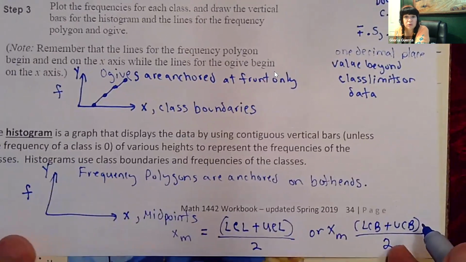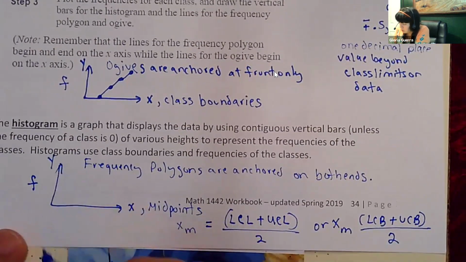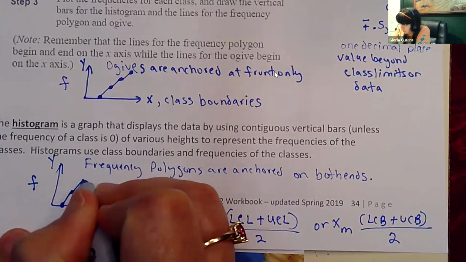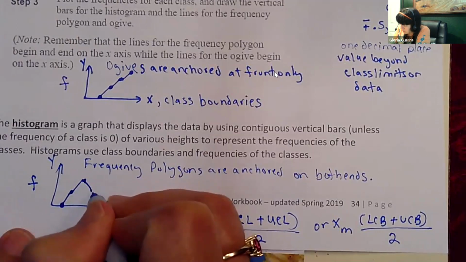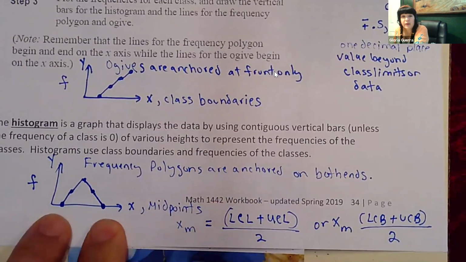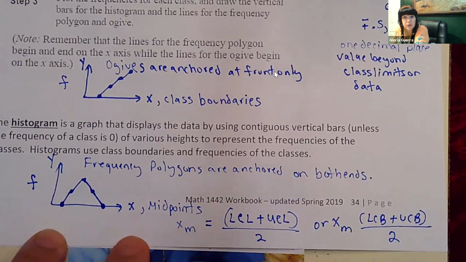Remember how we started those? A frequency polygon would look something like this. I'm just sketching this out here. But you see how it is anchored at the beginning and at the end? So that's a frequency polygon.